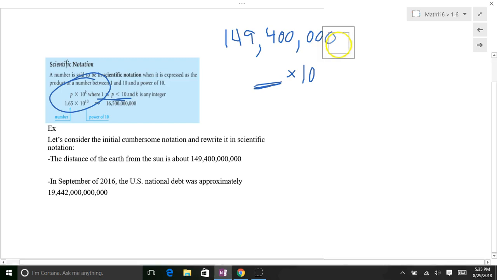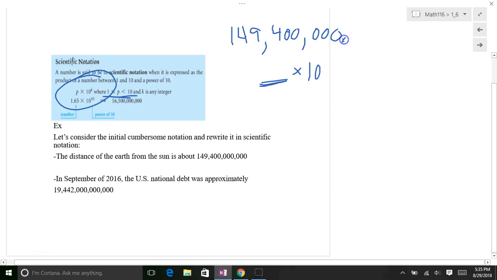Right now your decimal's right here. So I've got to think, how many times am I going to move this over? 1, 2, 3, 4, 5, 6, 7, 8. That's where I want it. Put the decimal there: 1.494 times 10 to the 8th is the same thing.